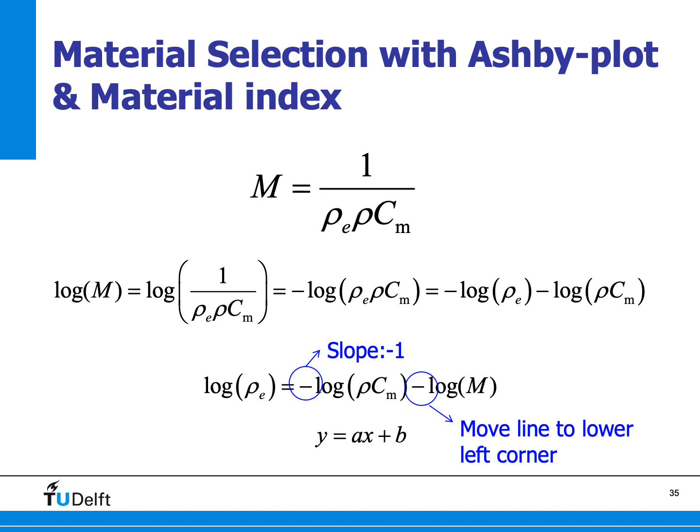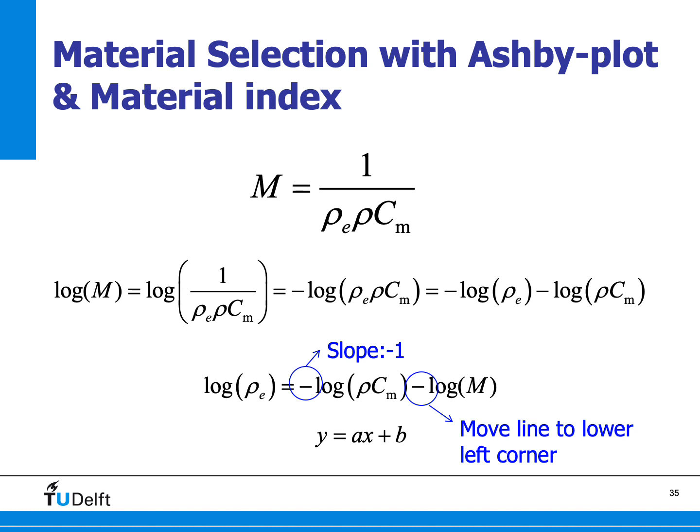If you take the logarithm of both sides of the equation, we have on one side the logarithm of m, and on the other hand we have the logarithm of 1 over rho E times rho times Cm. Of course we can rewrite this in the following way, minus log rho E times rho times Cm.